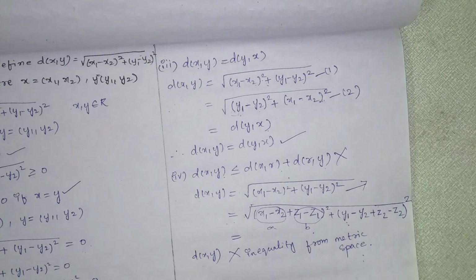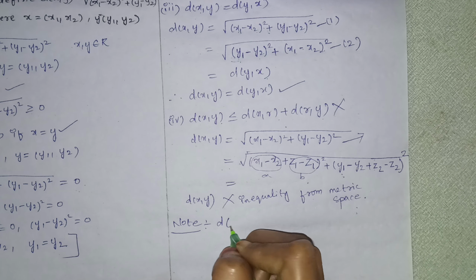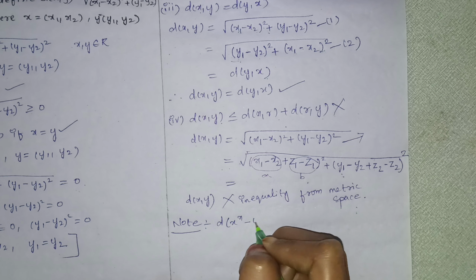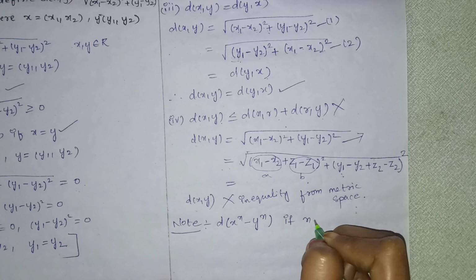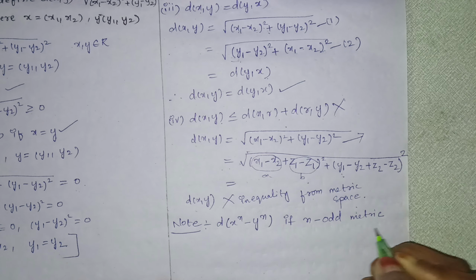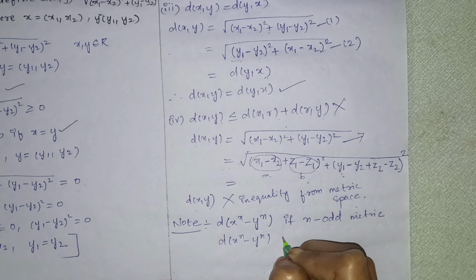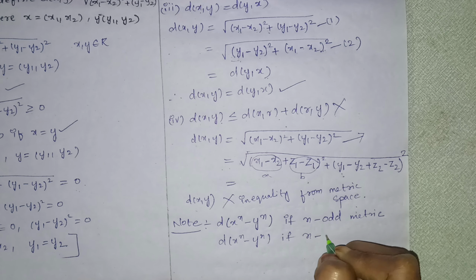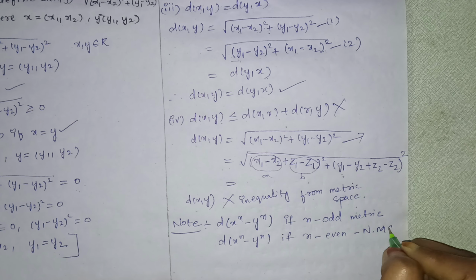And from this problem, I am taking a note that for d of x to the power of n minus y to the power of n, if n is odd, then it will be a metric space. If n is even, it is not a metric space.